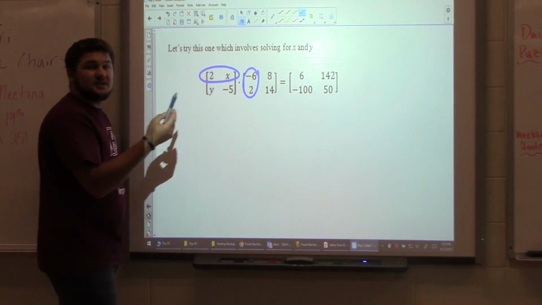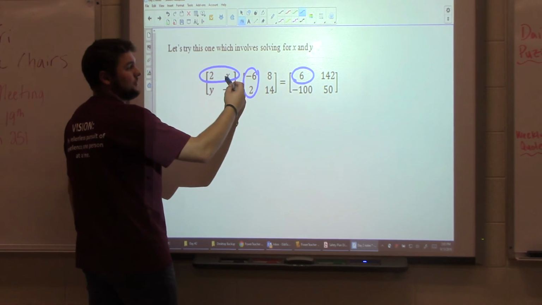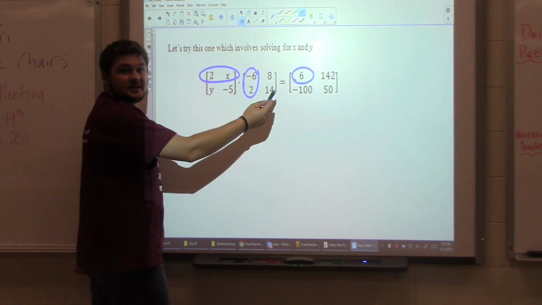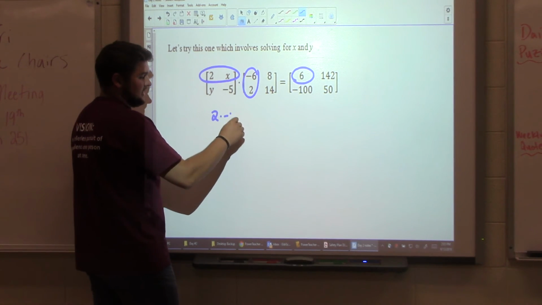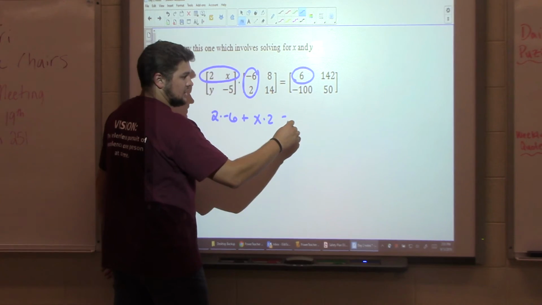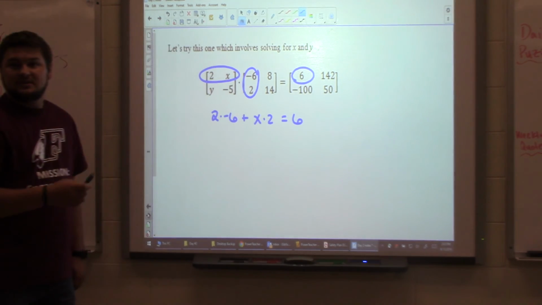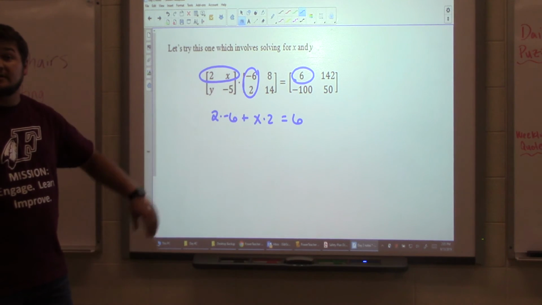And how do I know what it's going to equal? It's going to equal 6. Top row, left column is going to equal 6. So if I do the dot product here, I do 2 times negative 6 plus x times 2, it should come out to 6. And we can all solve an equation like that.